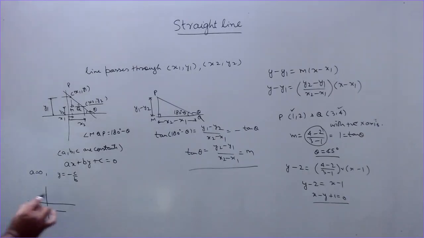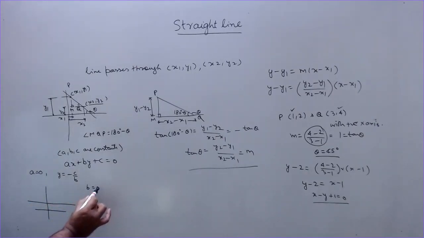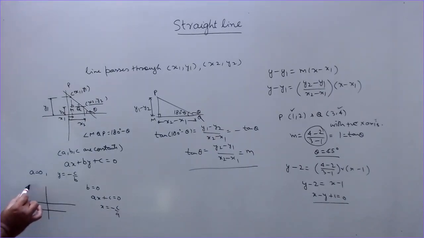If we have b equal to 0, then the line becomes ax plus c equal to 0. X is minus c by a. X is negative, on this side x is minus c by a. This is how you can show the line which is parallel to y-axis, and the first one was parallel to the x-axis.